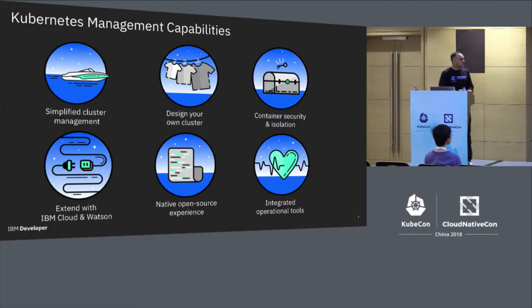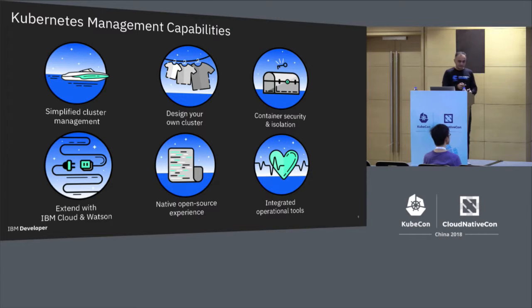It provides container security and isolations, the network isolation, storage, compute isolations. And as I previously mentioned, you can extend the cluster with your apps with about 170 or so services from Watson and other services. Also persistent volume, right?